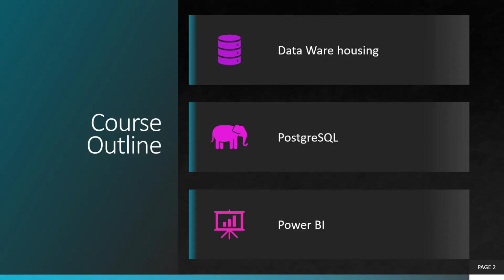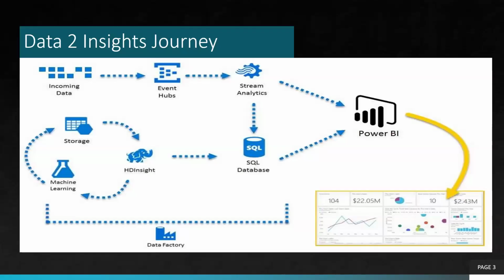Okay, I'm going to show you a very simple diagram, a data to insights journey. If you remember, just before, when we had a discussion with all of you, someone said they are working on incident problem management, someone said they are working in HR.